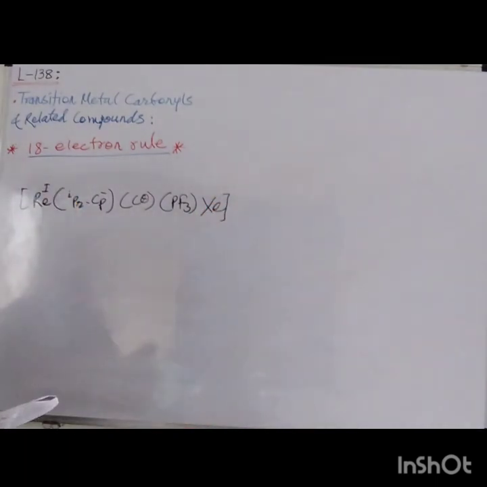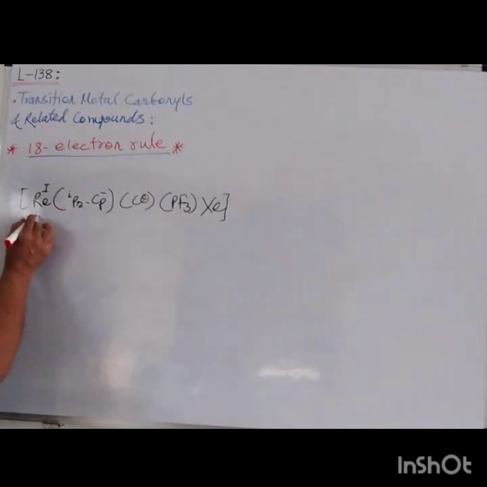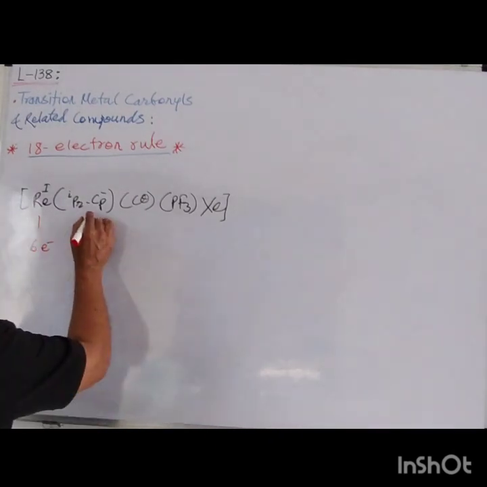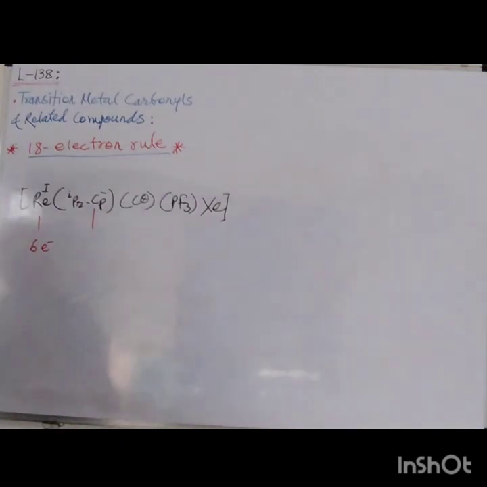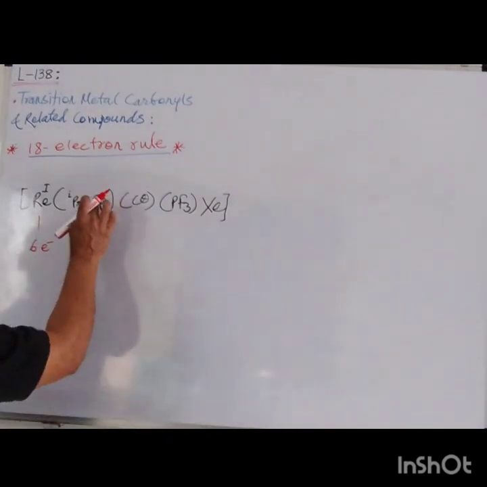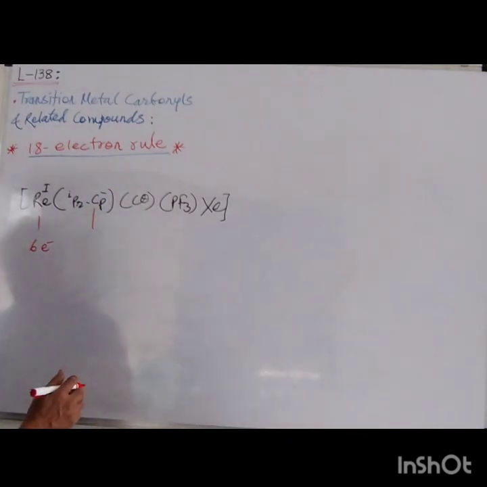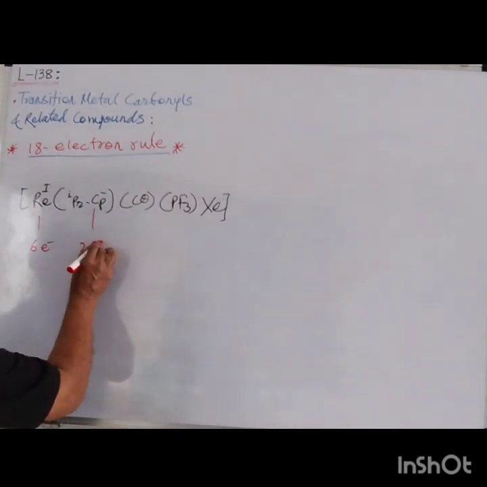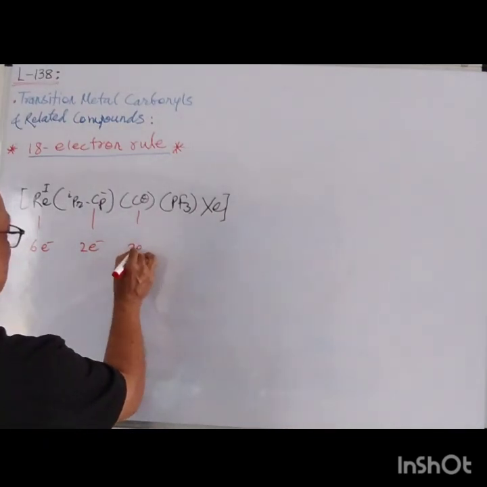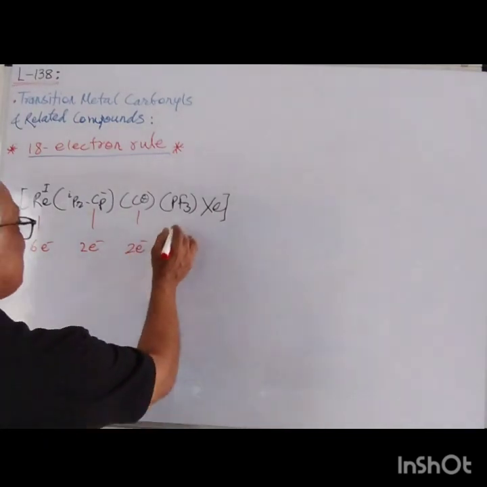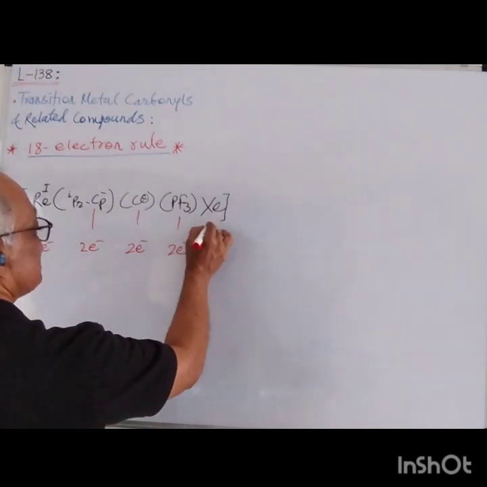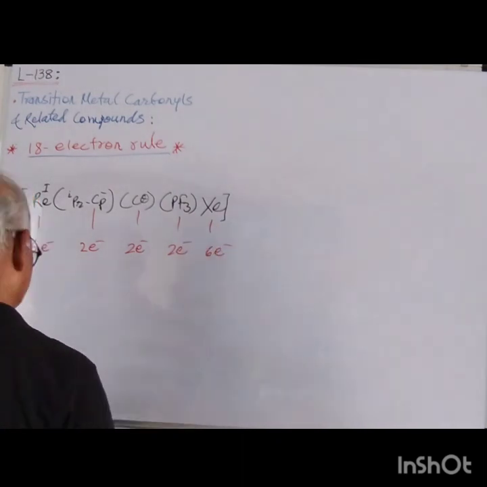And now we will show the contribution. Now we can show that this Re will contribute 6 electrons. This isopropyl cyclopentadiene, which is having 1 negative charge, that is mononegative, will contribute 2 electrons. This carbon monoxide will contribute 2 electrons. This PF3 will contribute 2 electrons, and this Xe will contribute 6 electrons.